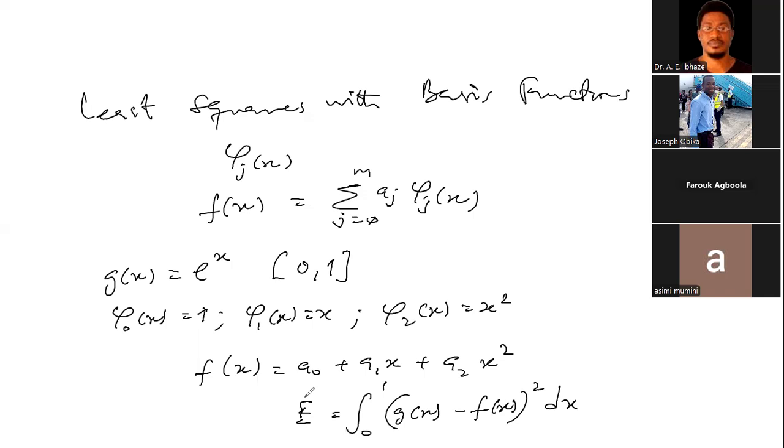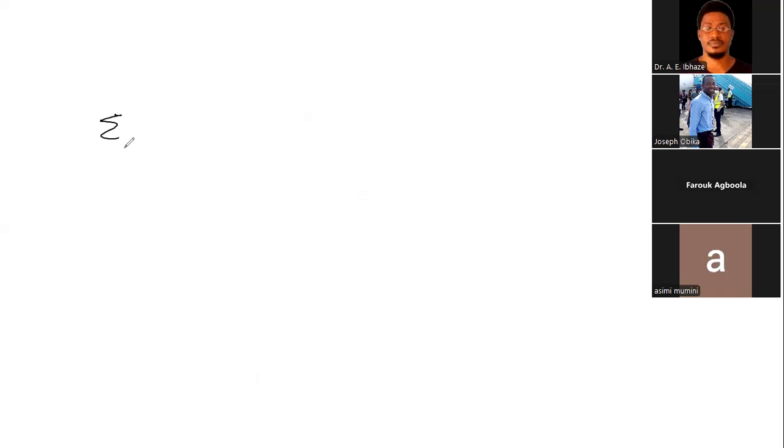And then once we do that, for k taking on values 0, 1, 2, because we have 3 basis functions, this will look something like the sum over j equal to 0 to 2 of a sub j times the integral from 0 to 1 of phi j of x, phi k of x dx.